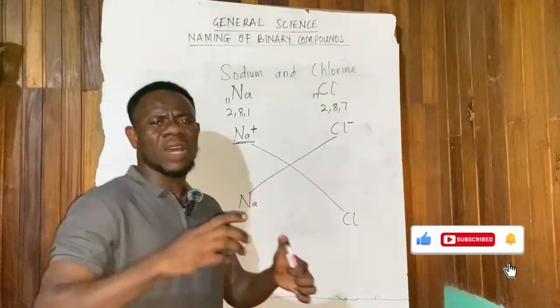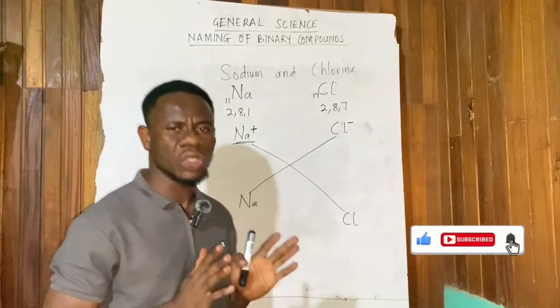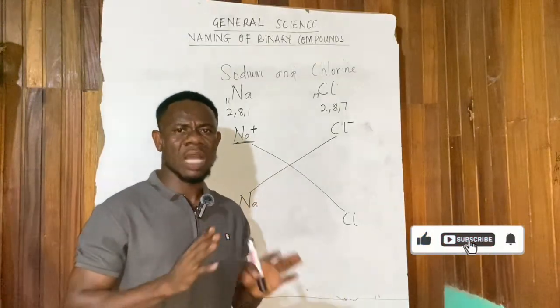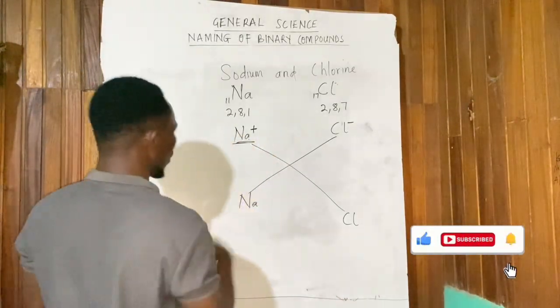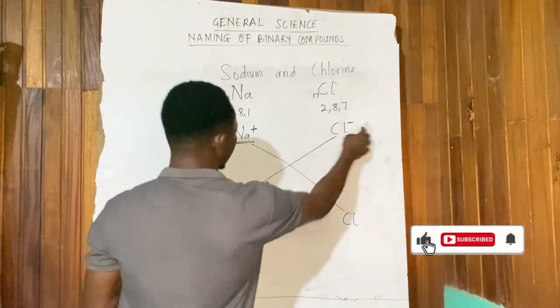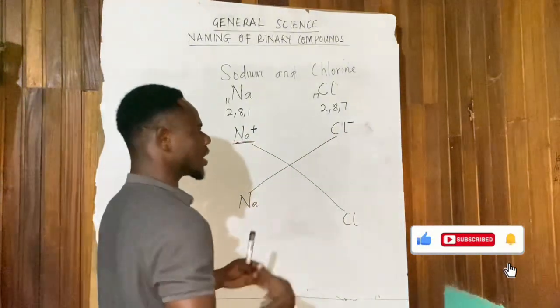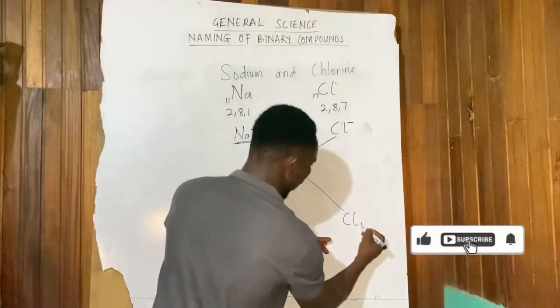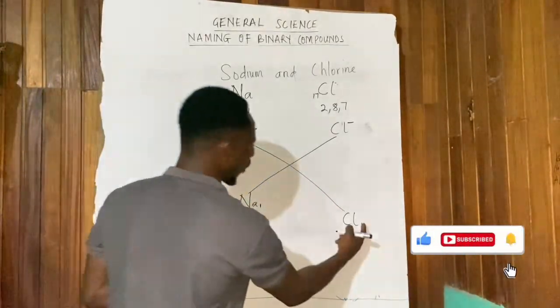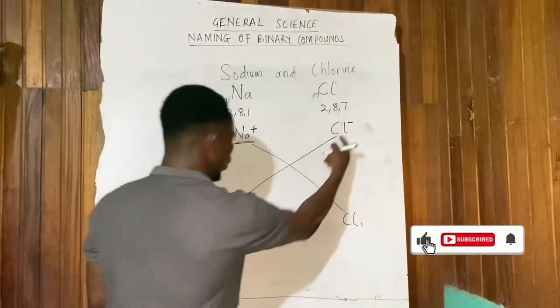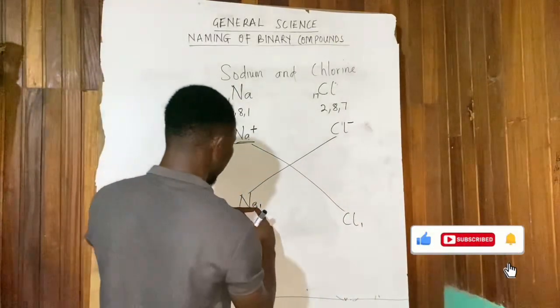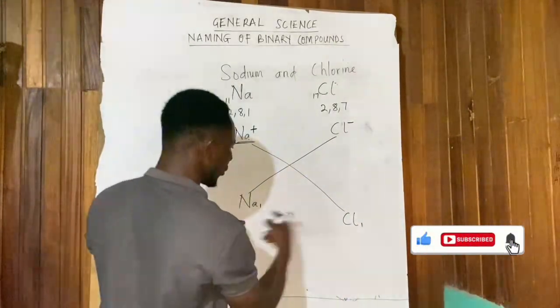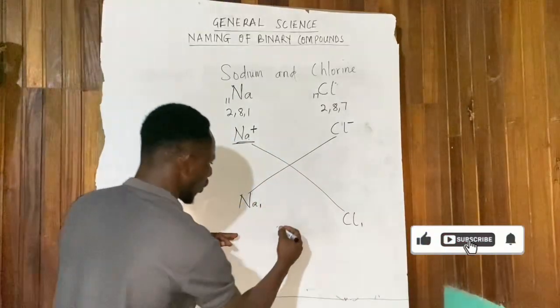Valency has no charge, so we ignore the charges, plus 1 and minus 1. We take both as positive. So, 1 here, 1 here. This will give 1 to this, and this will also give 1 to this. Na1Cl1. Because they are 1, 1, we don't write it.